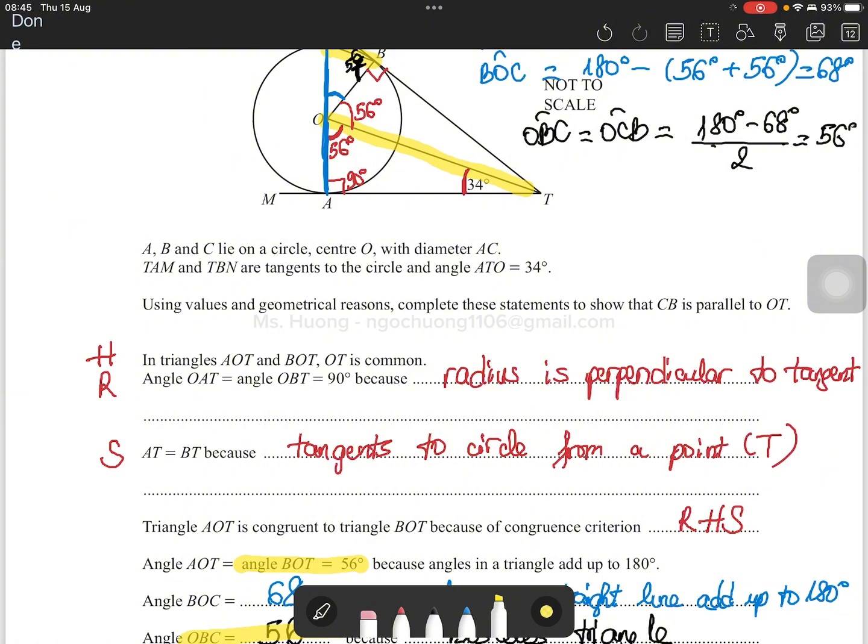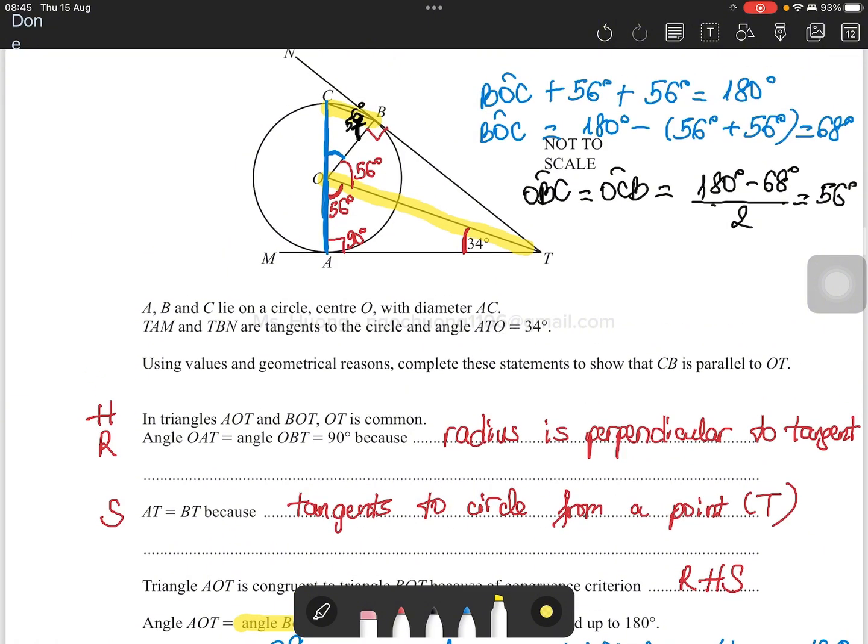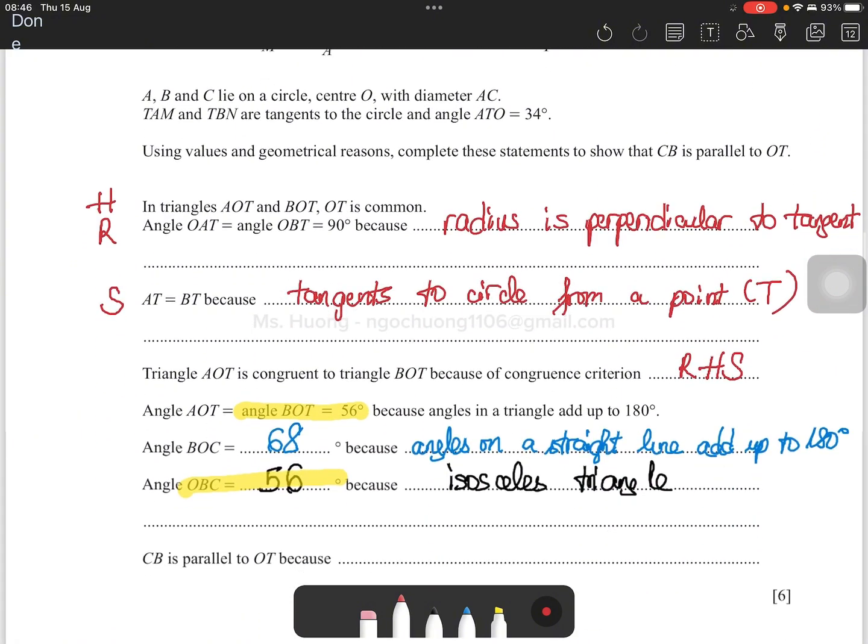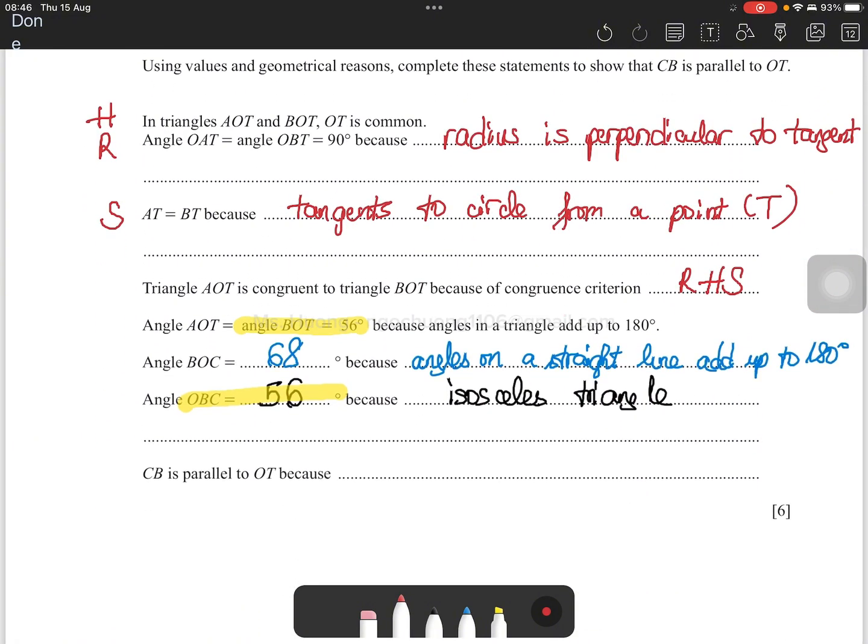BOT and OBC are at the position of the alternate interior angles. So if they have the same size, then the line CB is parallel to the line OT. So we say that CB is parallel to OT because OBC is equal to BOT is equal to 56 degrees, and they are alternate interior angles.